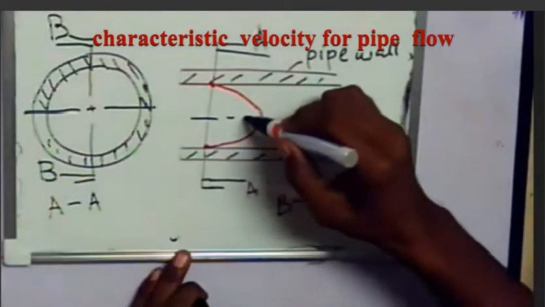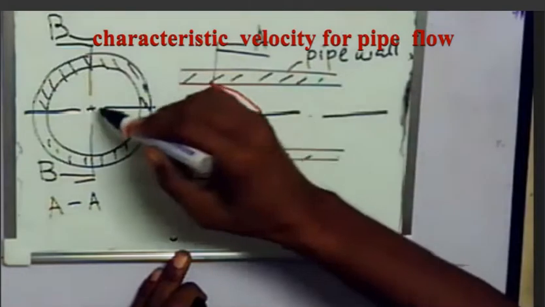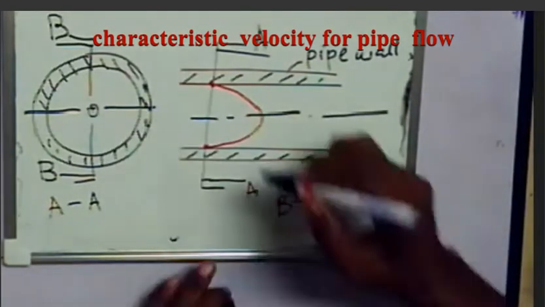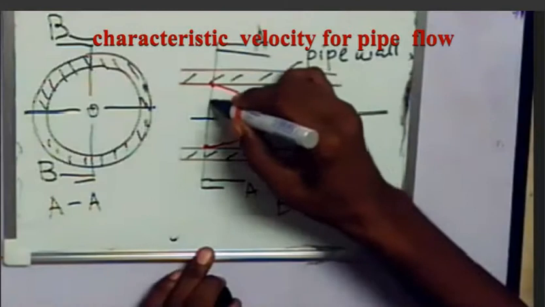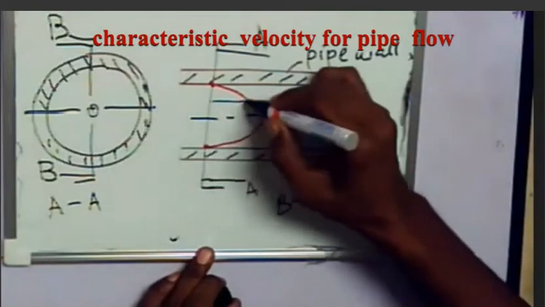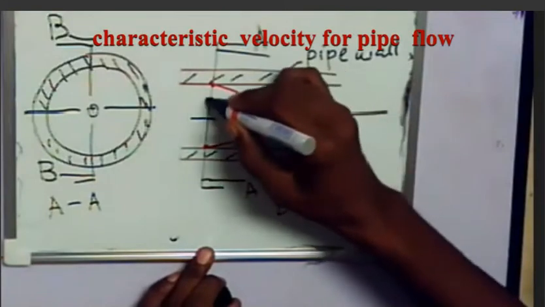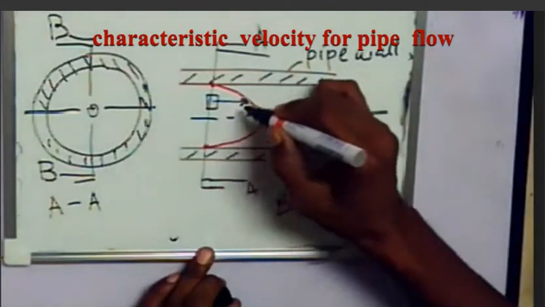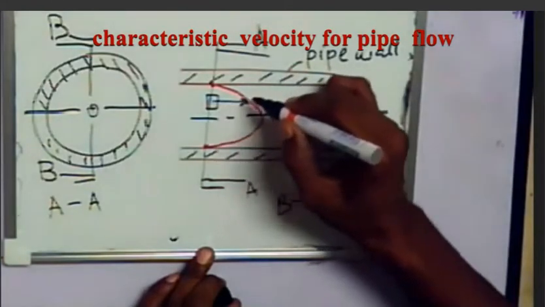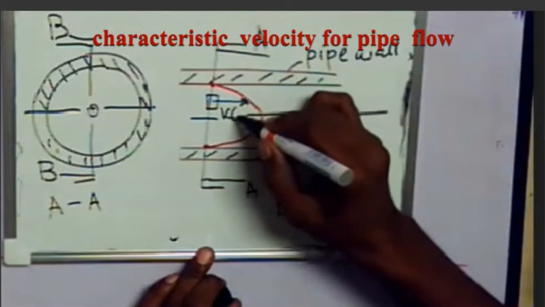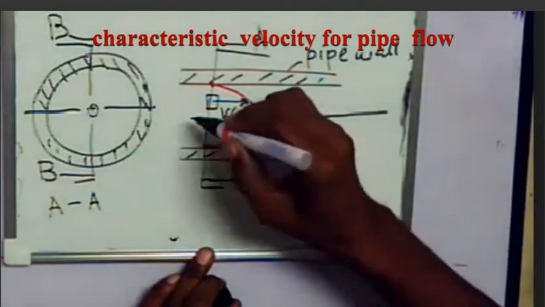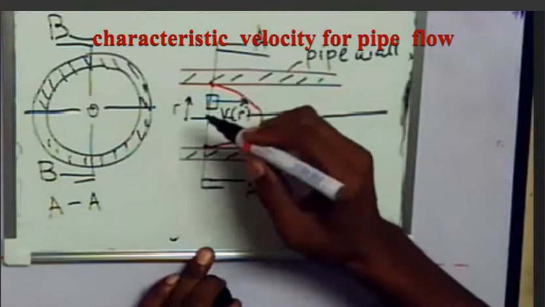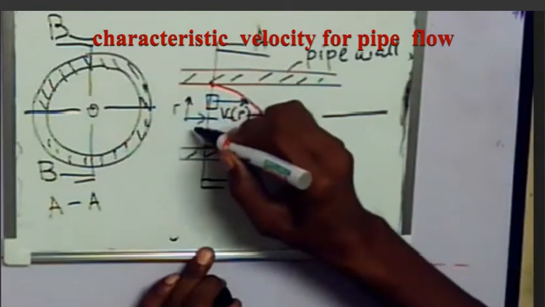This is the center line. At that position, these are the velocity vectors, and this is the fluid particle that moves with a certain speed V, and this varies with r, right? Because this is the coordinate system that we use. This one is x.